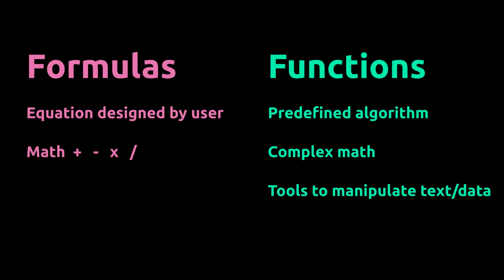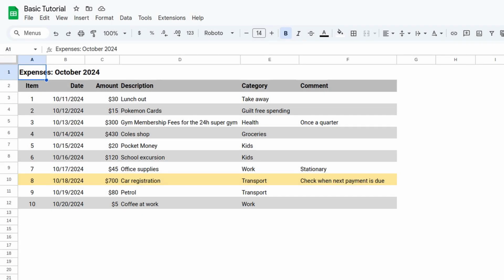Alright, so let's take a look at some basic formulas that you will be using in Google Sheets. The first is addition. So what we have over here is our spreadsheet from the previous tutorial, and if we want to use addition, we might select a couple of items. For example, let's take our car registration and our petrol and add them together.